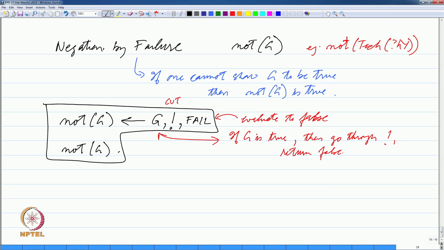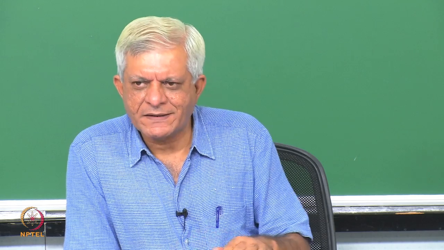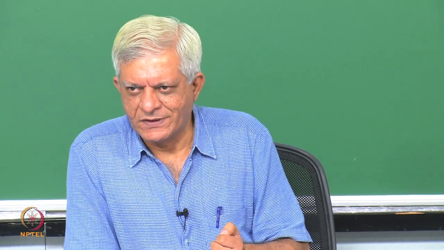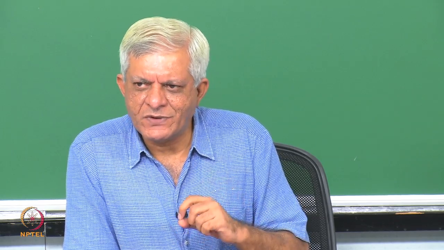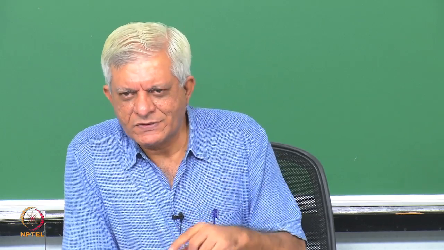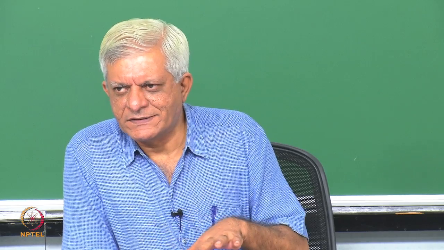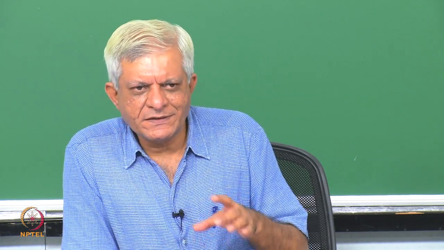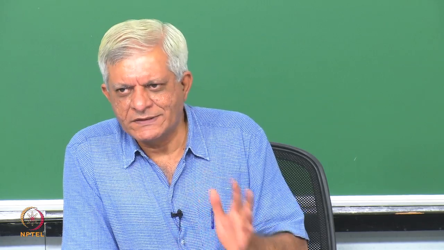First clause says try to show that G is true. If it fails to show that G is true, then it will backtrack and come to the second clause and say yes, not G is true. But if it succeeds in showing that G is true, it will go through the cut and return false. So, not G will be returned true only when you fail to show that G is true.